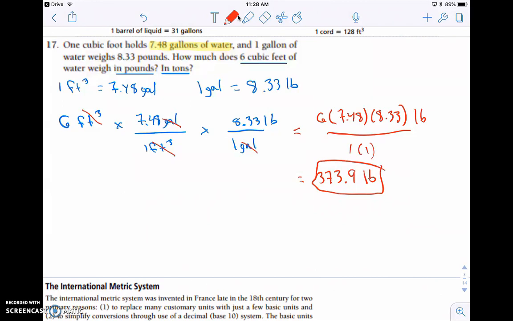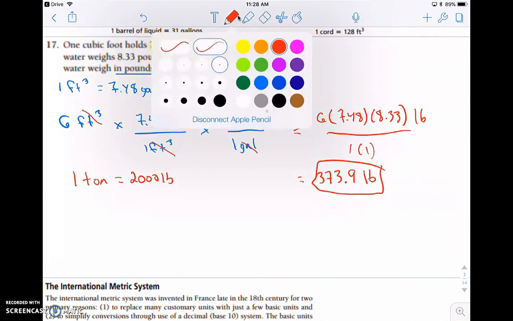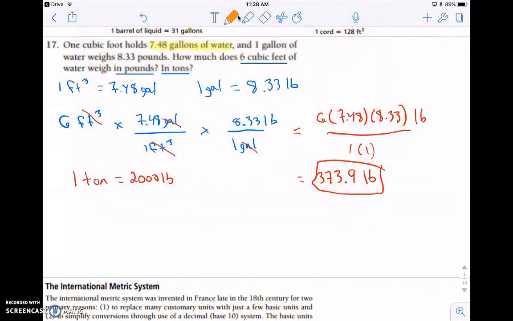Now, if we want to go for tons, remember the conversion that 1 ton is 2,000 pounds. So we know we've got 373.9 pounds. We're going to times that by, I want pounds in the bottom, and 2,000 pounds is 1 ton. So that's going to cancel out the pounds.